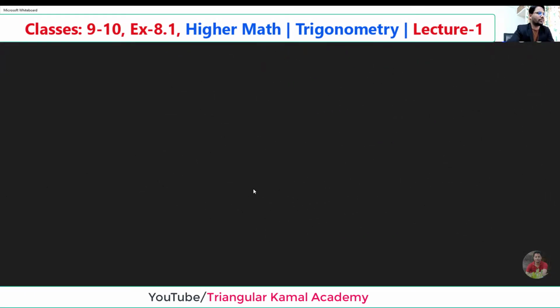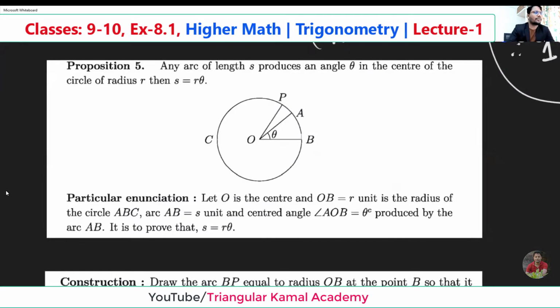Now see the next part here from your academic book. This is the relation between arc, radius and angle. So now here arc PB is equal to radius R. That means OB, or you can write here OA or OP, all are the same here: distance from center to circumference.